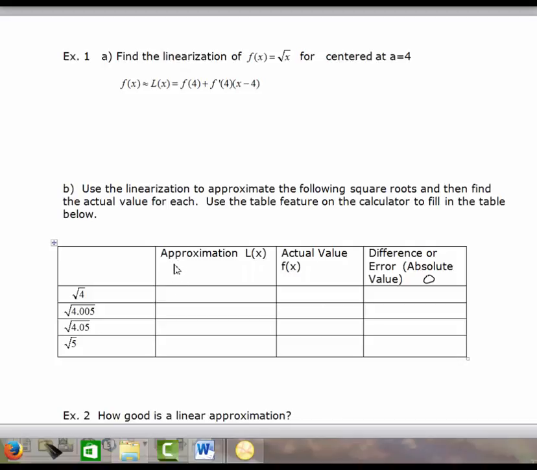So we'll put our linearization expression right here: 2 plus 1/4 (x minus 4). And the function itself is the square root of x. To use the linearization to approximate the square root of 4, I would plug a 4 in for x.